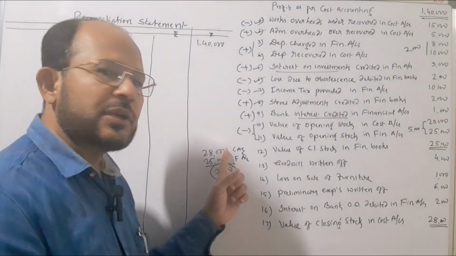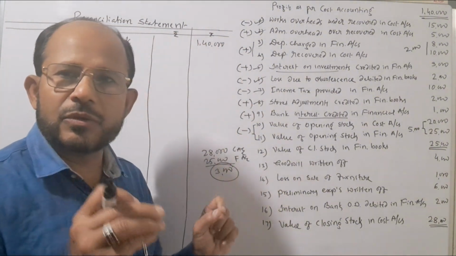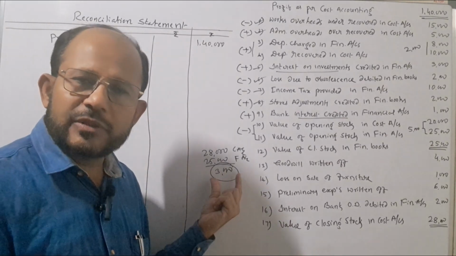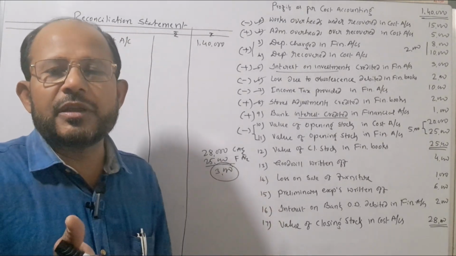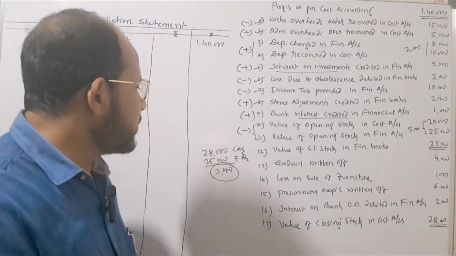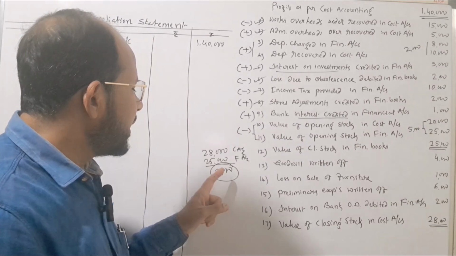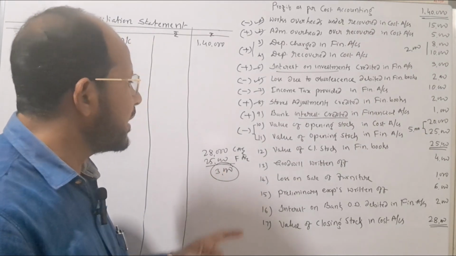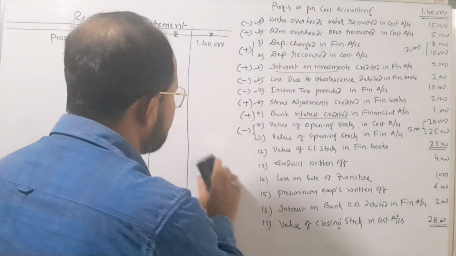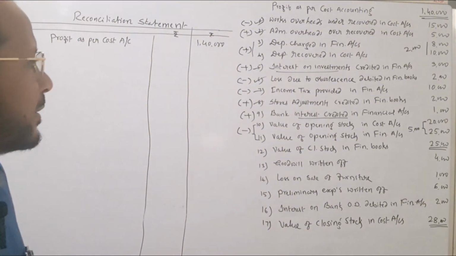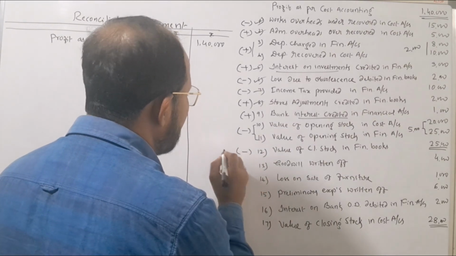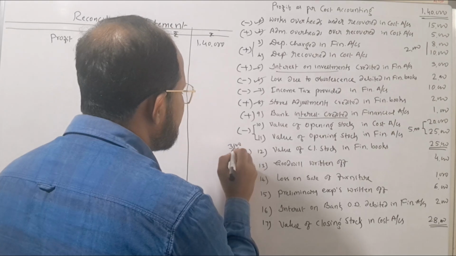Here there is overvaluation of closing stock in cost accounts to the extent of rupees 3,000. Because of that, the costing profit is showing more than the actual. That is why, in order to reconcile this, this rupees 3,000 is to be deducted. Am I right? Only rupees 3,000.